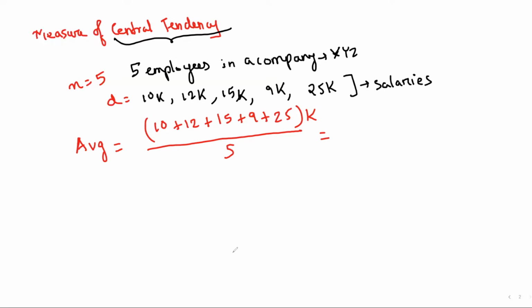Let me pull up my calculator. So it will be 10 plus 12 plus 15 plus 9 plus 25 divided by 5. So it will be 14.2K.